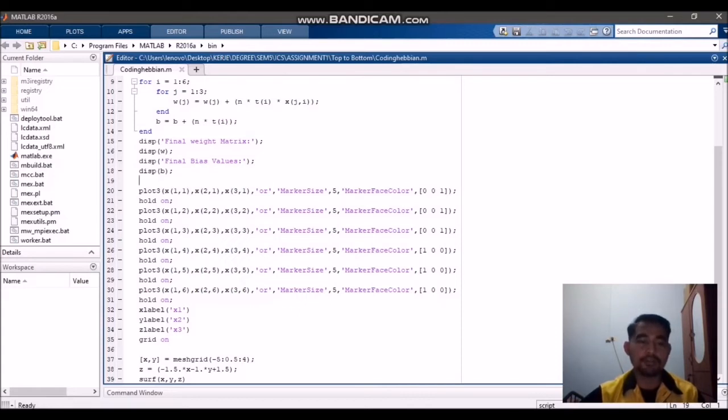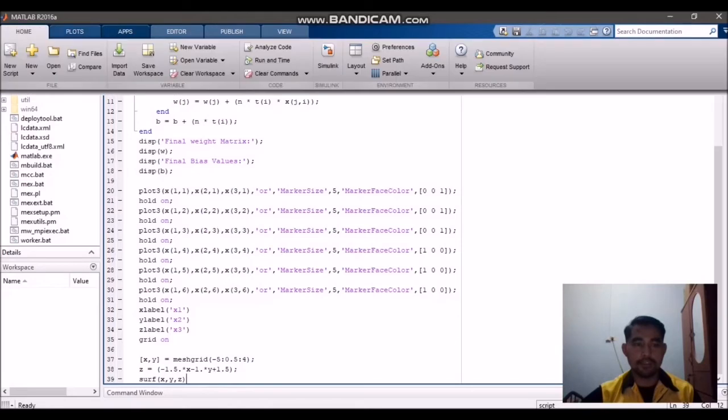And grid on is actually for our ease of use, it's easier to look at our graph, and the important one is this, which we need in order to get our decision boundary.